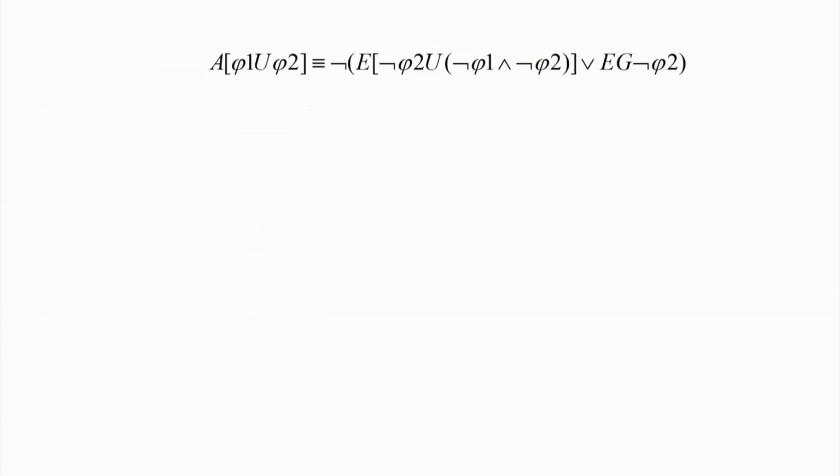We are having one complicated equivalence over here. I will just give the notion. It says that A phi 1 until phi 2 is equivalent to this one big expression, which involves E until. That means we can say that A until can be expressed with E until.